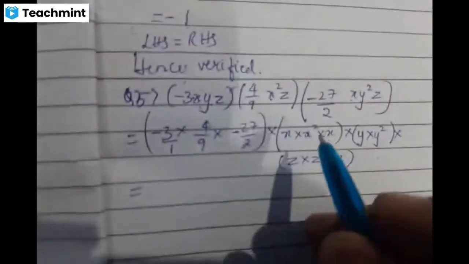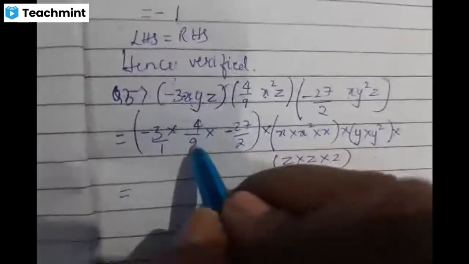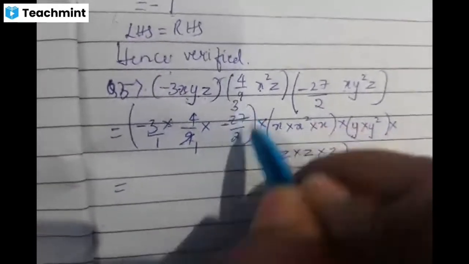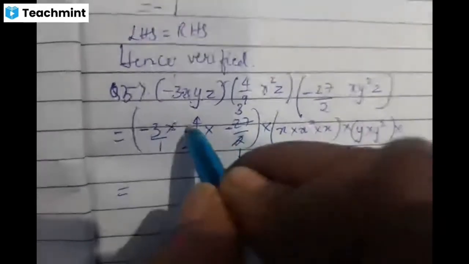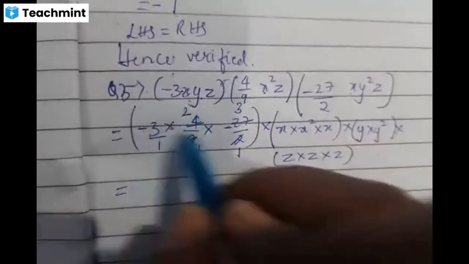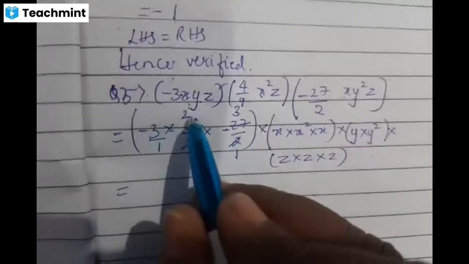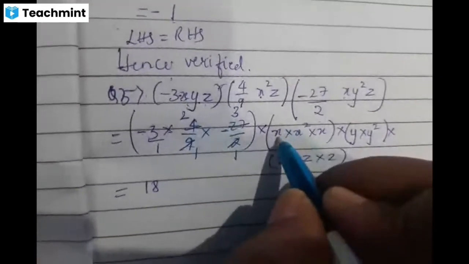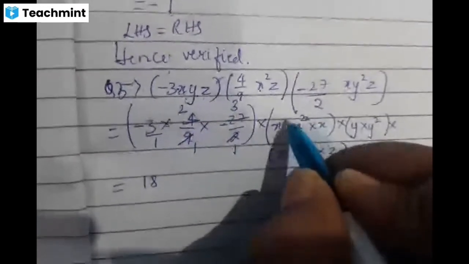Next, here, if it is possible, cancel children. I am going to cancel with the 9 table. 9 ones are 9, 9 threes are 27, 2 ones are 2, 2 twos are 4. Minus into minus is plus, 3 twos are 6, 6 threes are 18. X into x to the power of 2.